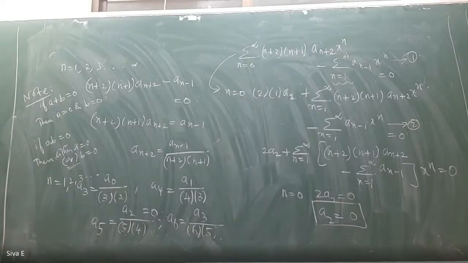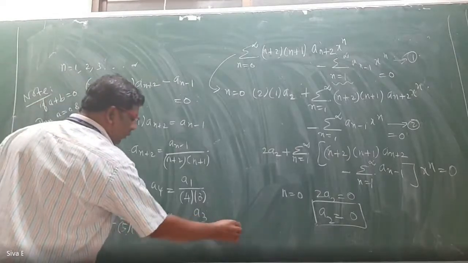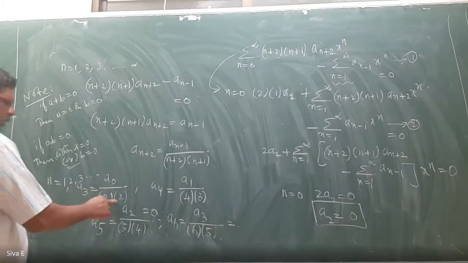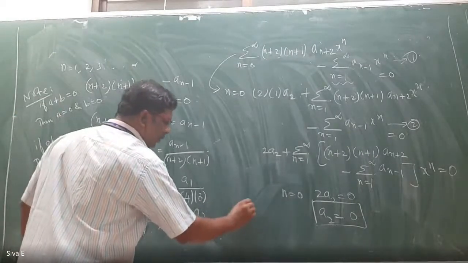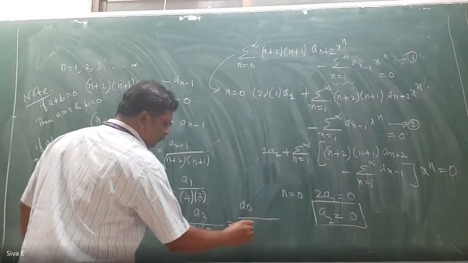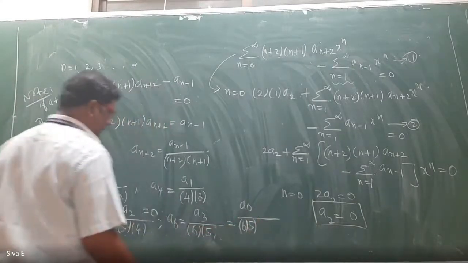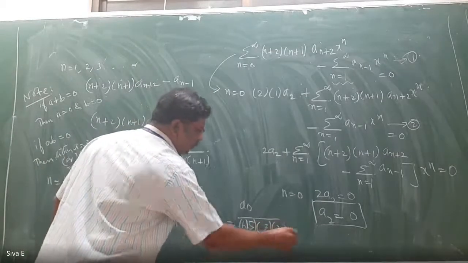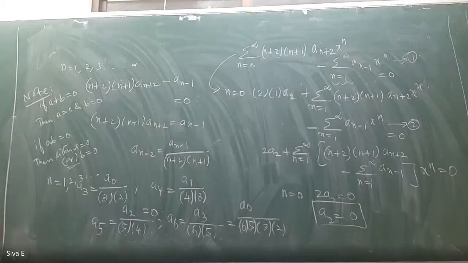Then a6 is a3 by 6 into 5, but that is a0 by 6 into 5, 3 into 2.